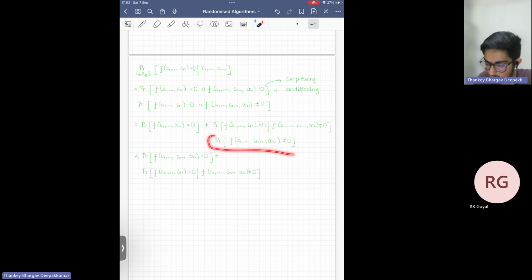All I've done is I've removed this probability. I know that this is a probability, right? So this is going to be between 0 and 1. So what I've done is I've upper bounded this by 1. This can only increase the number, because this is always less than or equal to 1.